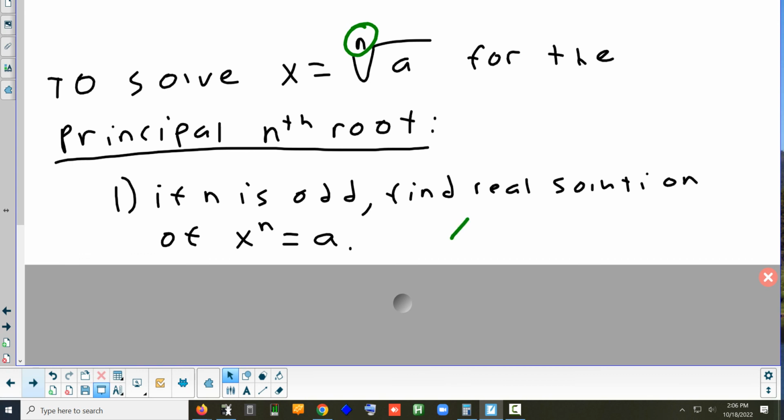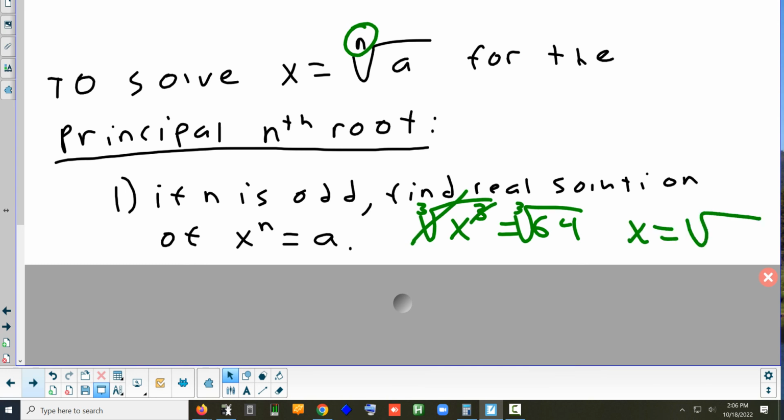For example, x cubed equals 64. If I wanted to find the principal root to that problem, I would take the cube root of both sides. Take the cube root, take the cube root. Cube root and cube cancel. And I get x equals the cube root of 64.